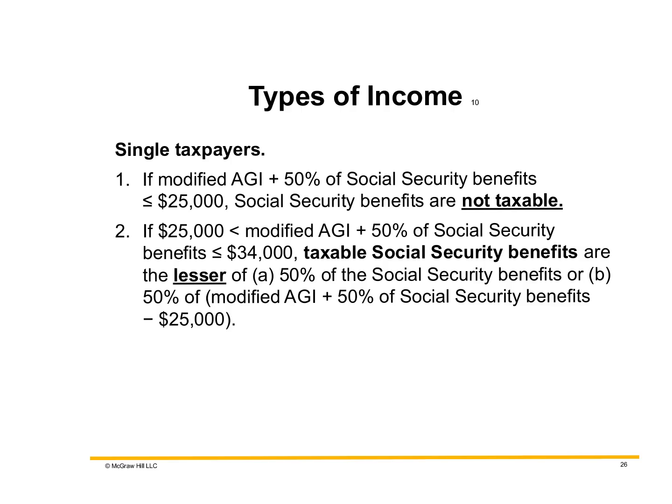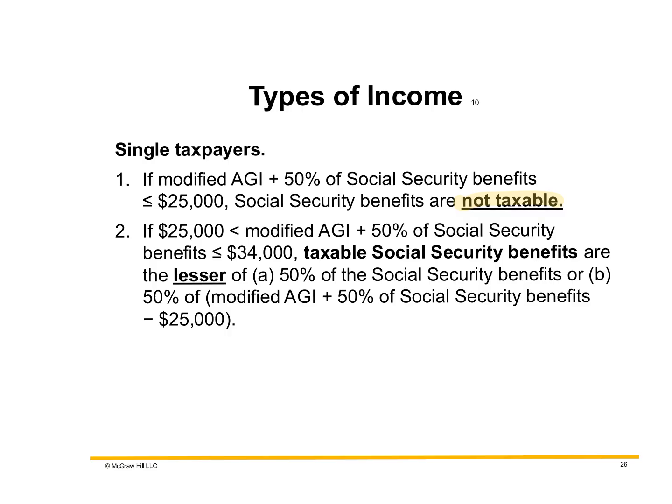So for our decision tree and how we go through the calculations, if the modified AGI plus 50% of Social Security benefits is less than or equal to $25,000, then Social Security benefits are not taxable. Not taxable.